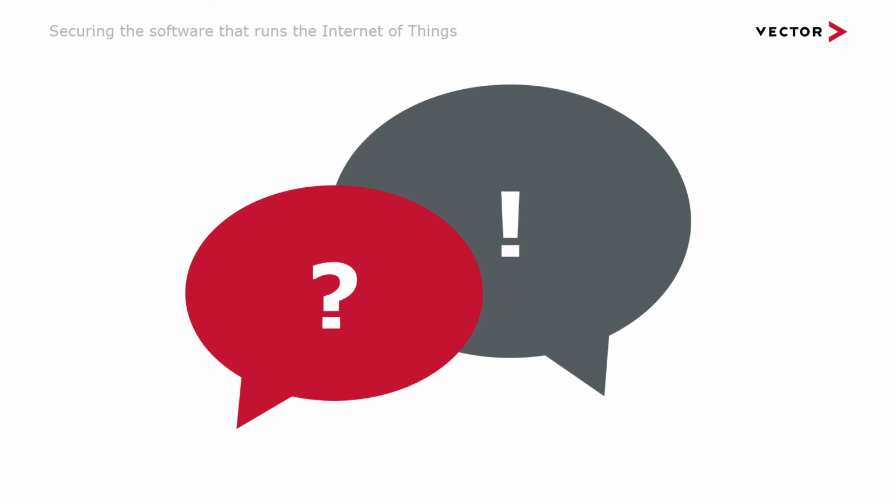VectorCAST knows all the types, knows all the function calls, all the functions that are called by the unit under test. Then we build stubs for those dependent functions that are implemented outside. Those stubs are created automatically by VectorCAST in the process of creating this unit test environment.